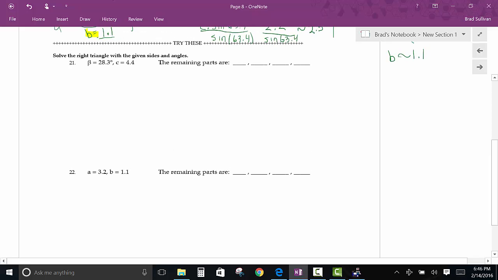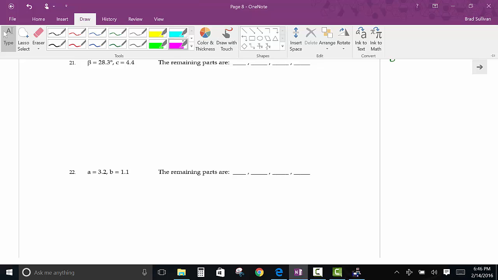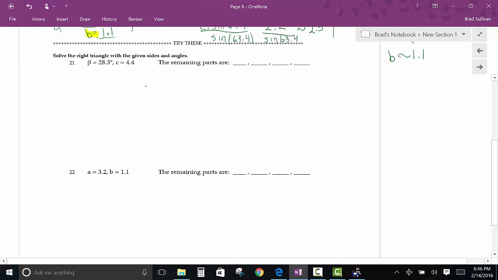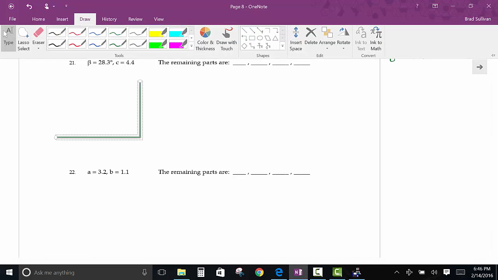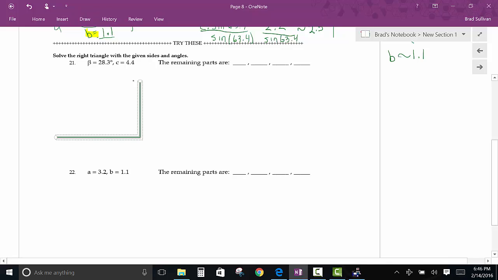Let's see how we did on number 21. I'm going to start by drawing a right triangle of some sort. It doesn't have to be drawn to scale, but it's important that you label the angles and sides correctly.